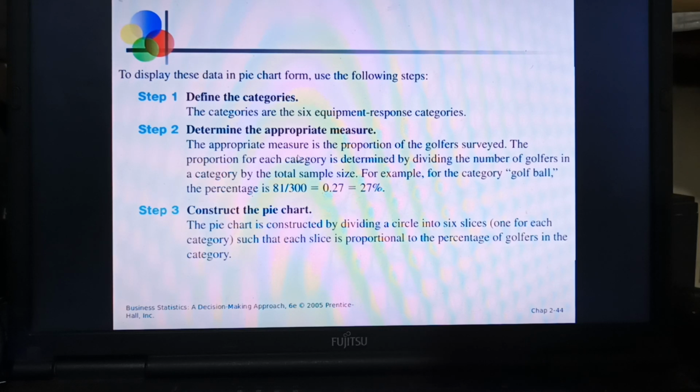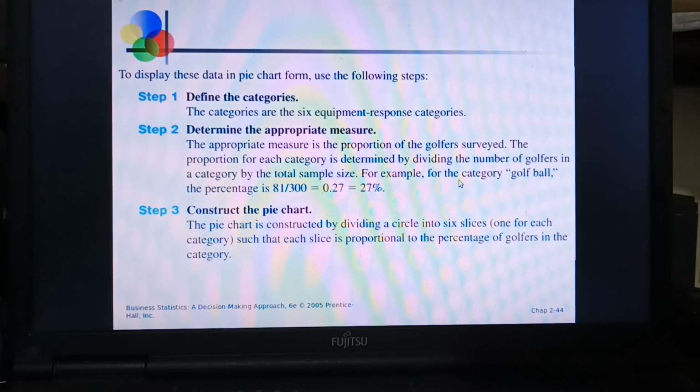Then step 2, determine the appropriate measure. The appropriate measure is the proportion of the golfers surveyed. The proportion for each category is determined by dividing the number of golfers in a category by the total sample size.